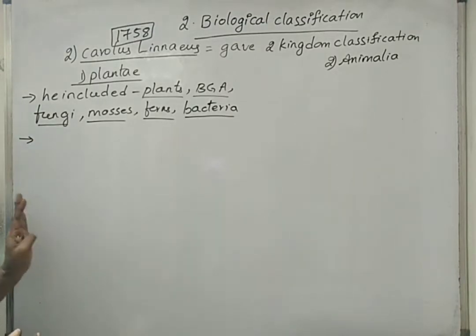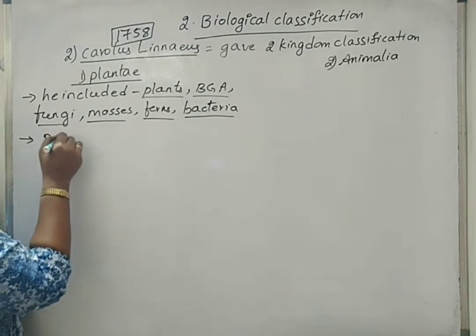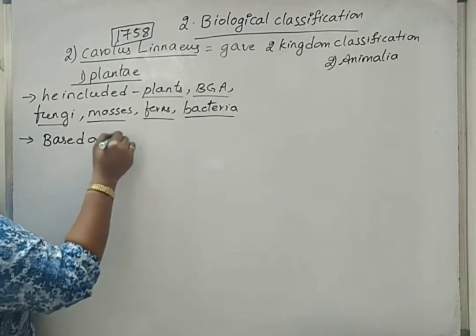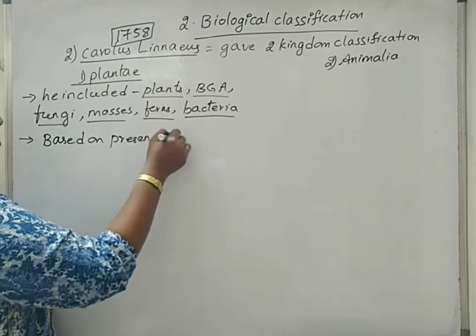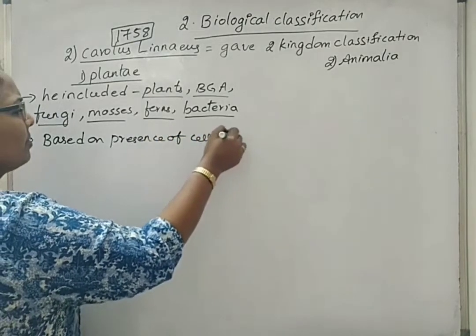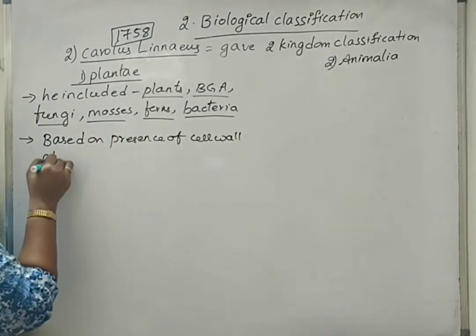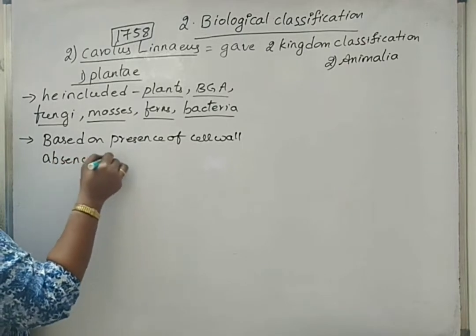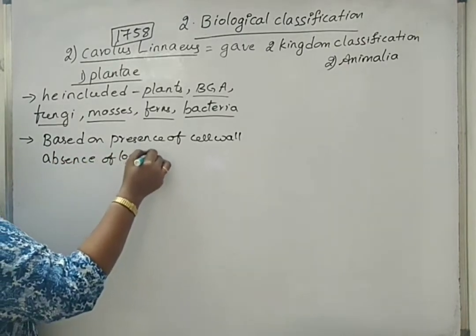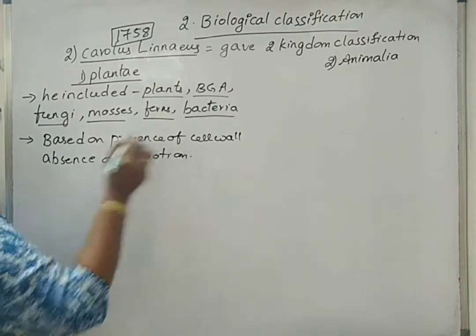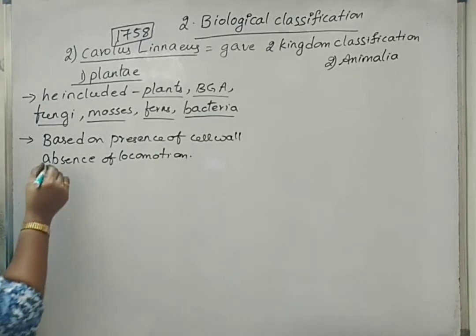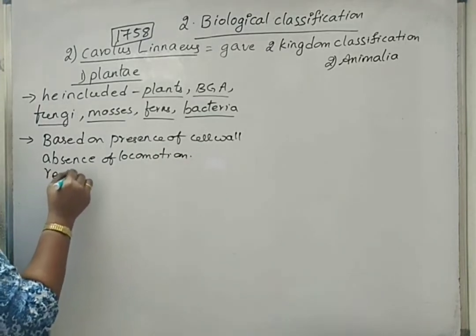So he placed all these types of organisms based on presence of cell wall, next, absence of locomotion, next, response to external stimuli.